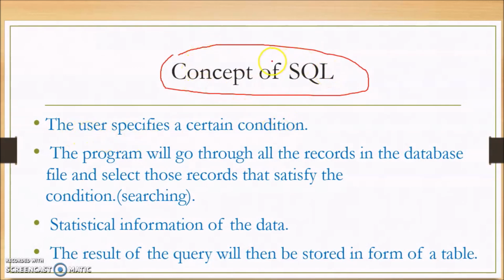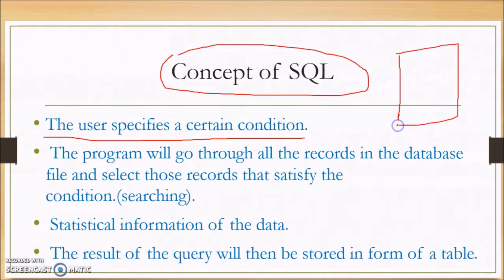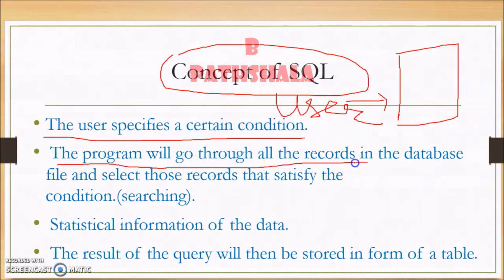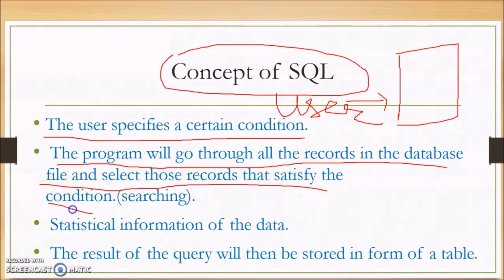So how SQL actually works, उसका क्या structure होता है, we would be discussing this in the concept of SQL. So first, the user specifies a certain condition. Obviously, if I want to work on any database file, I require some condition. So that condition is being given by the user. Next, the program will go through all the records in the database file and select those records that satisfy the condition.